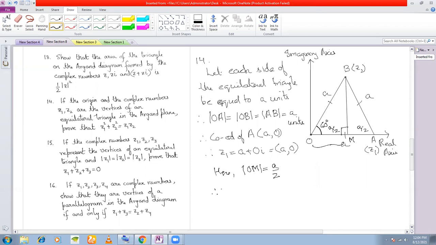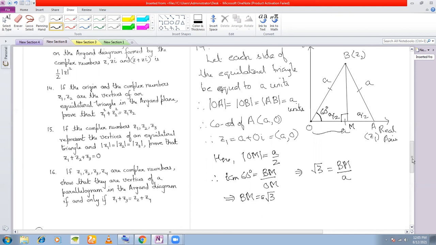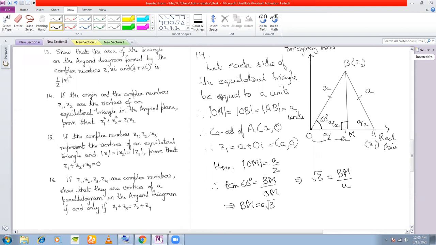So in order to find out the length of BM, we use tan. Tan 60 degrees is equal to BM by OM. Tan 60 degrees, you know, is root 3, equal to BM by a. That means BM is a root 3. Therefore, what are the coordinates of B? This part is a by 2, right?